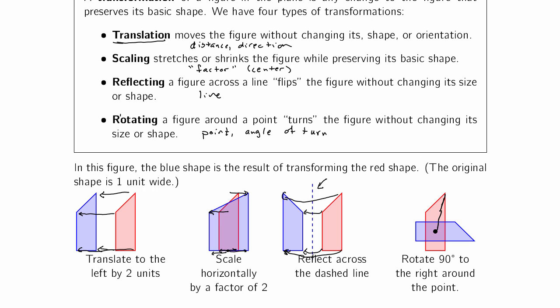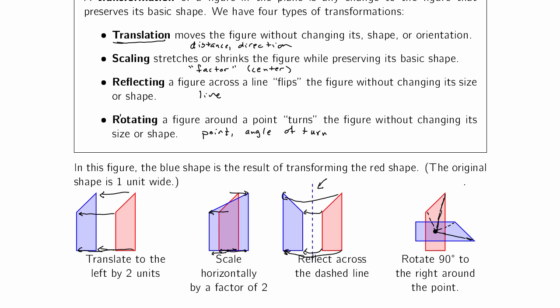If I draw from a point on the red shape to the point I'm rotating around, and then to the corresponding point on the blue shape, that's a 90-degree angle. So every point is 90 degrees away from where it was before, after the rotation.